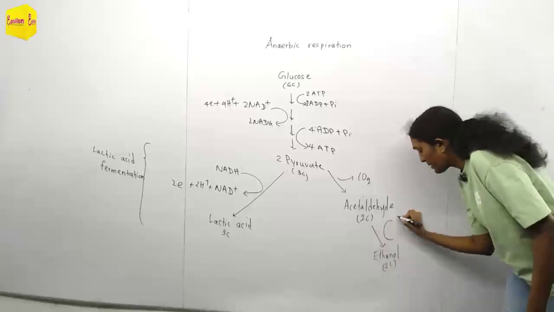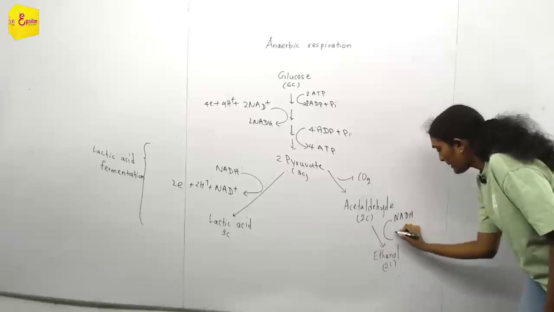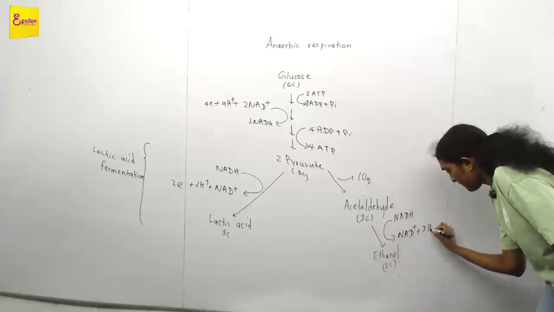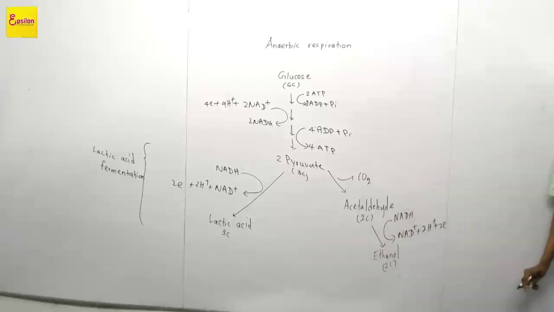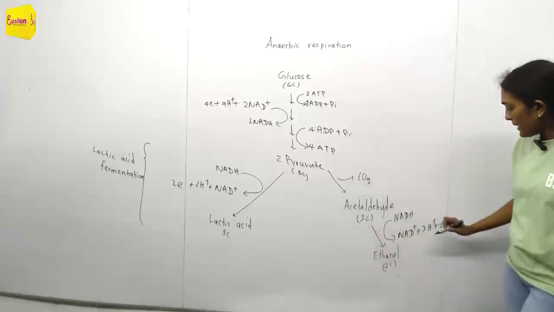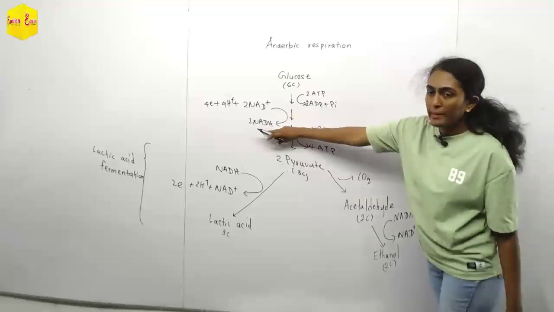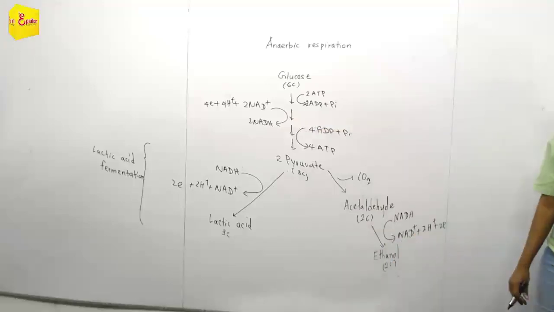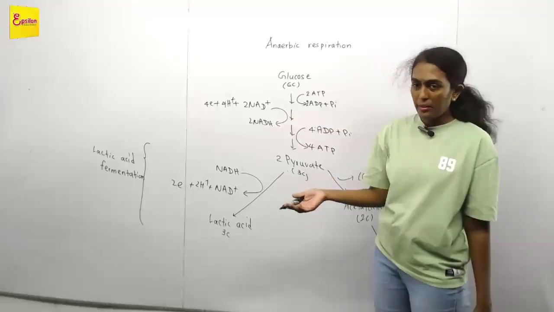Here they are using NADH produced at glycolysis. So acetaldehyde is reduced to ethanol here. You can see that NAD plus is again produced. They can be used again in the reaction. So a kind of recycling of NAD plus is happening here, which was not happening in aerobic respiration, right?